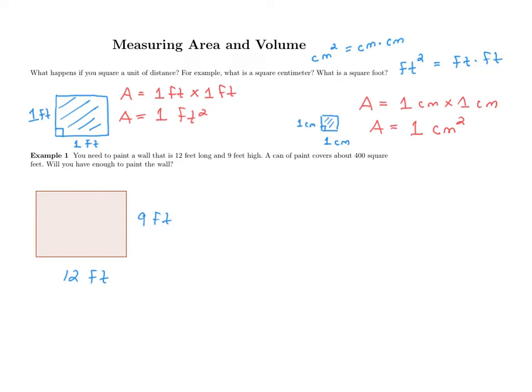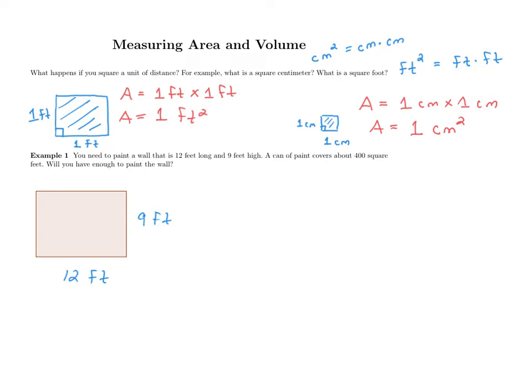The way we would figure this out is determine the amount of area that this wall takes up, and hopefully it's a number that's less than 400 square feet. So, how do we find the area that this wall takes up? Well, we can use the formula that says multiply the adjacent sides of the rectangle together. So it's going to be 12 feet times 9 feet.